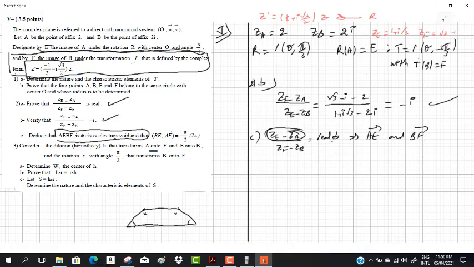So AE and BF are collinear. Collinear means they are either parallel or on the same line with no common point. Then AE is parallel to BF. Two sides parallel, so it is a trapezoid.